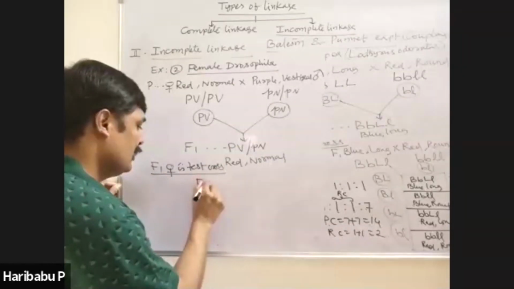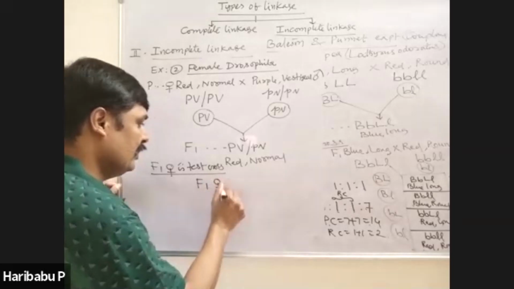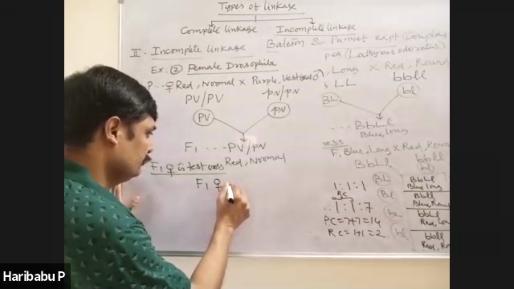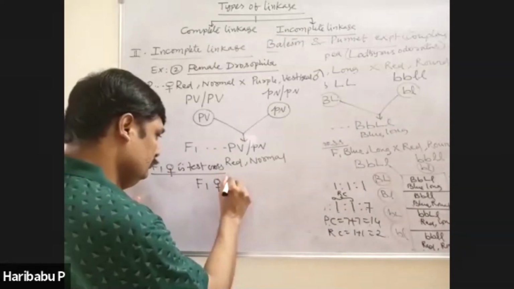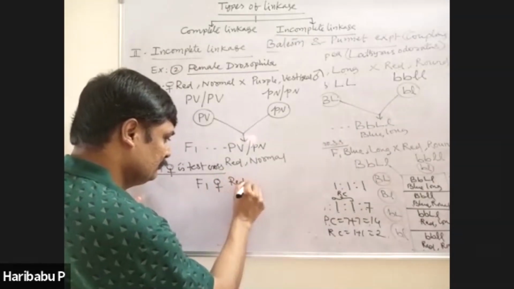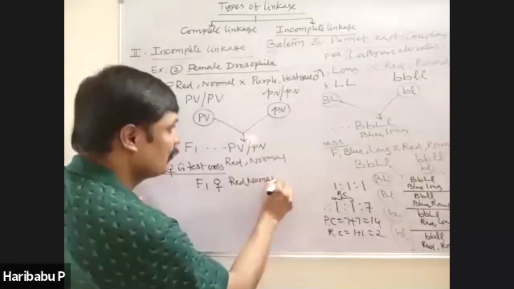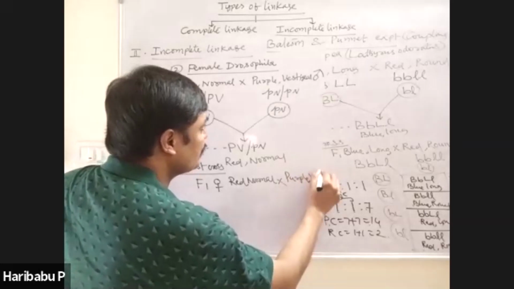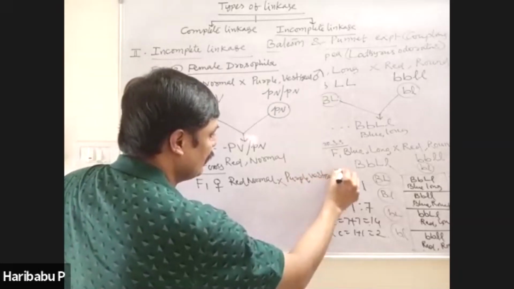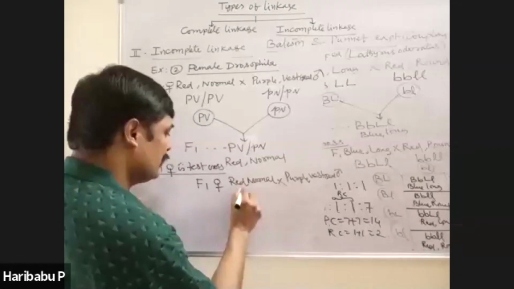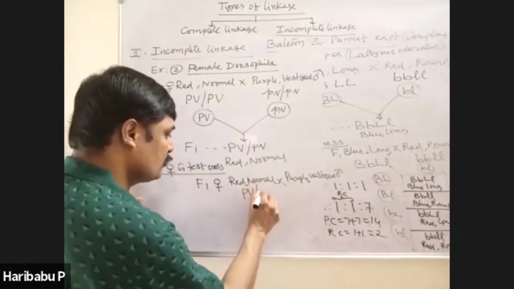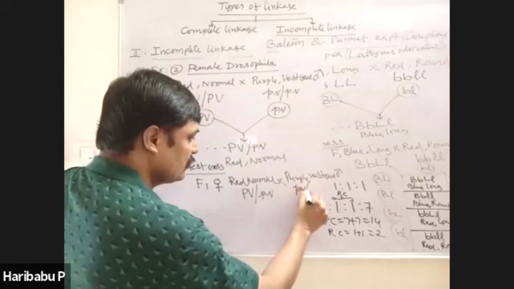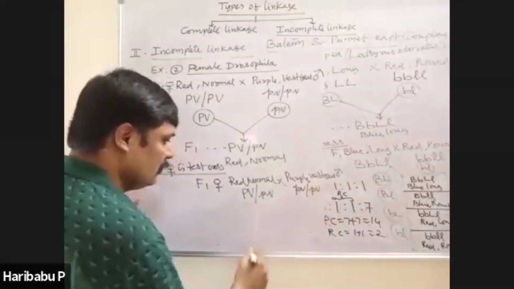That is, the F1 female red normal with the purple vestigial male. We will get capital P, capital V, small p, small v, small p, small v, small p, small v.